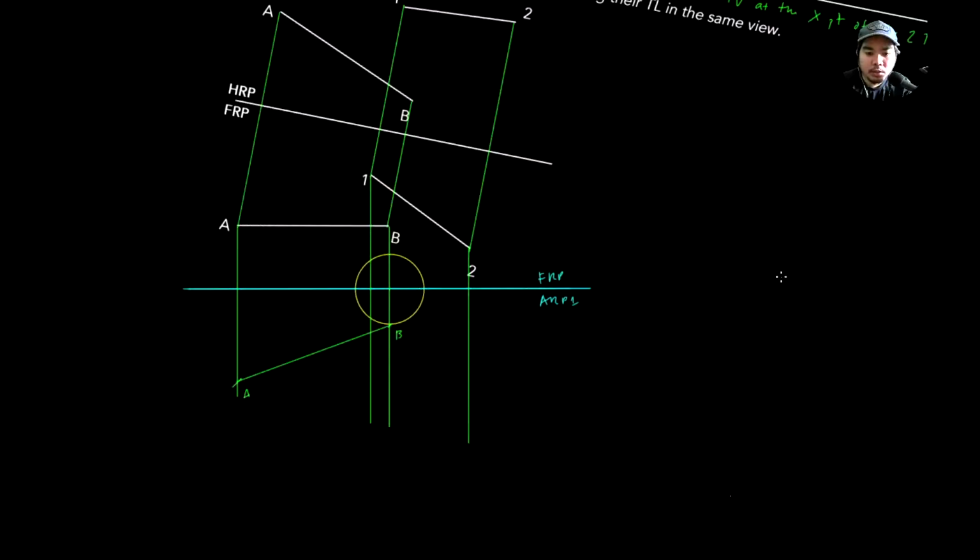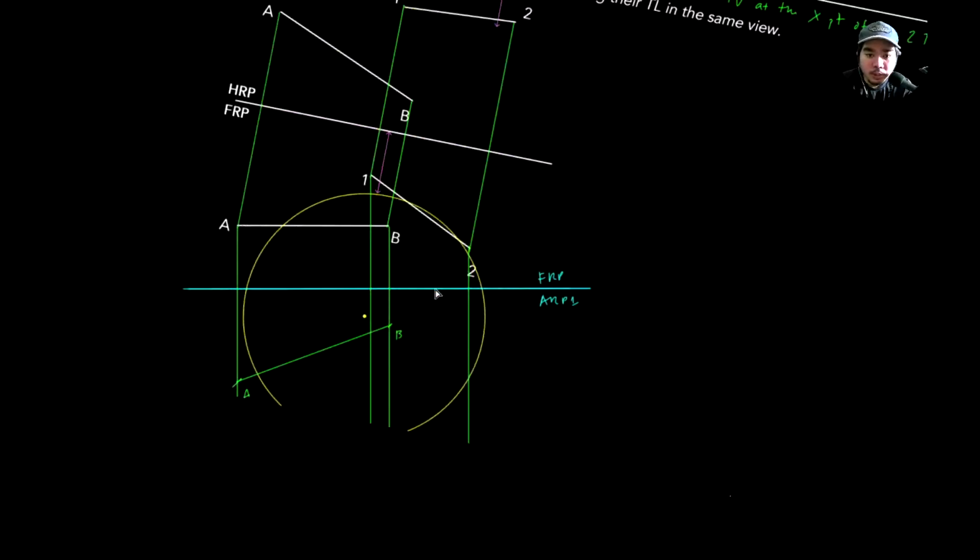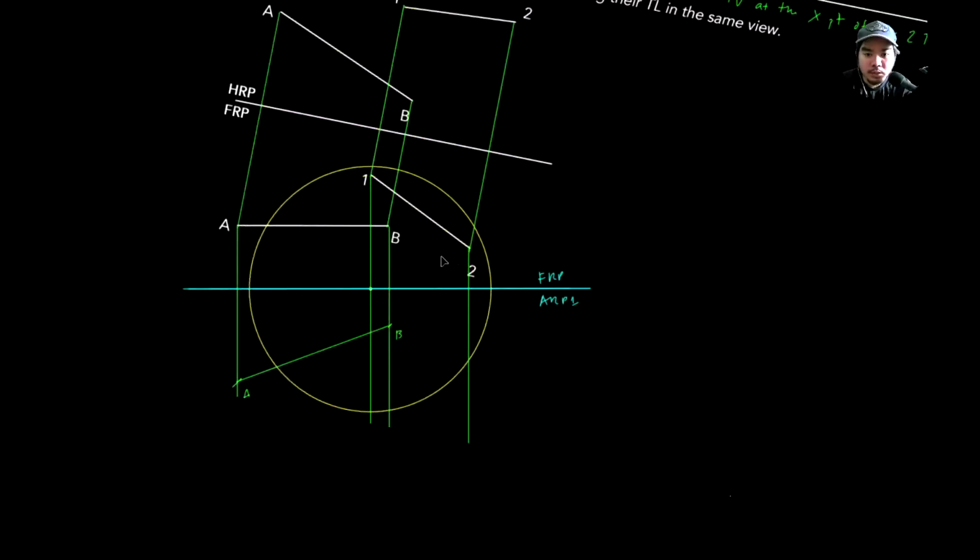I'll probably connect this right now. Tapos, si point 1, 2, baka nga kukulangin tayo sa space, no? Kasi masyadong malayo si 1, 2. Sana pasok pa rin. Pasok naman. 1 is here.